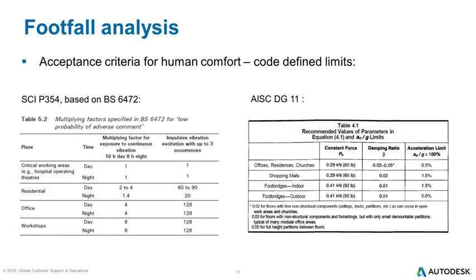In ISO DG11, the response factor quantity is not used, as the acceptance criteria is based directly on the ratio between the peak acceleration and the gravity acceleration, as visible in the last column of the right table.